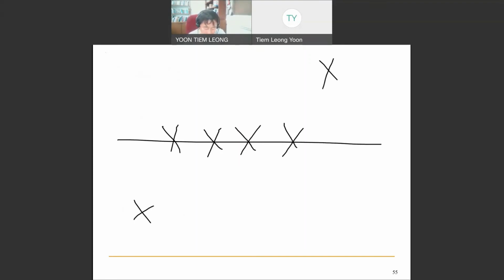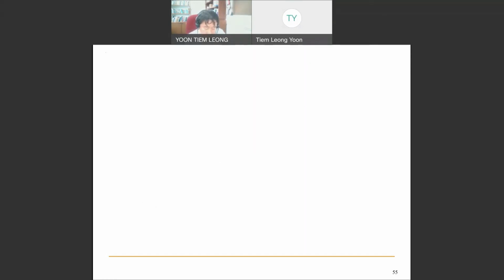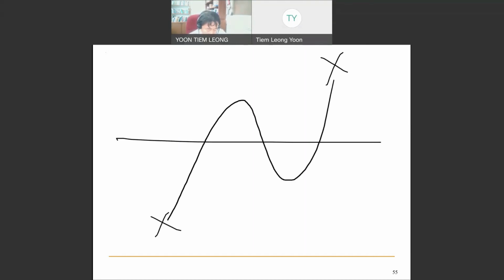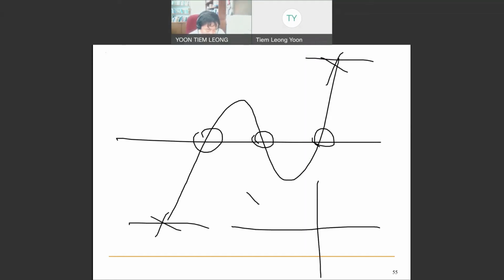So you could have a situation like this, where you have more than one root. So I think this is not correct. You could have more than one root like this. So you go from here to here, then it crosses 1, 2, 3, 4. So here you have 3 roots. It is also possible to have a different scenario where the signs at the two endpoints are opposite, negative and positive, and you have only one root, right?